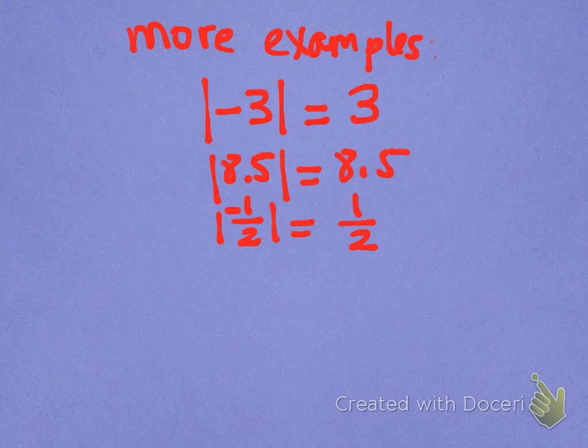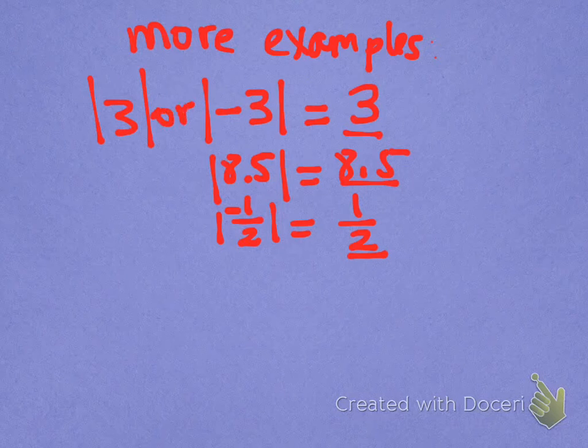Now, who would have these same answers? Remember, the opposites would. So the absolute value of positive 3 or negative 3 would be 3. The absolute value of negative 8.5 or 8.5 would give you the 8.5 answer.